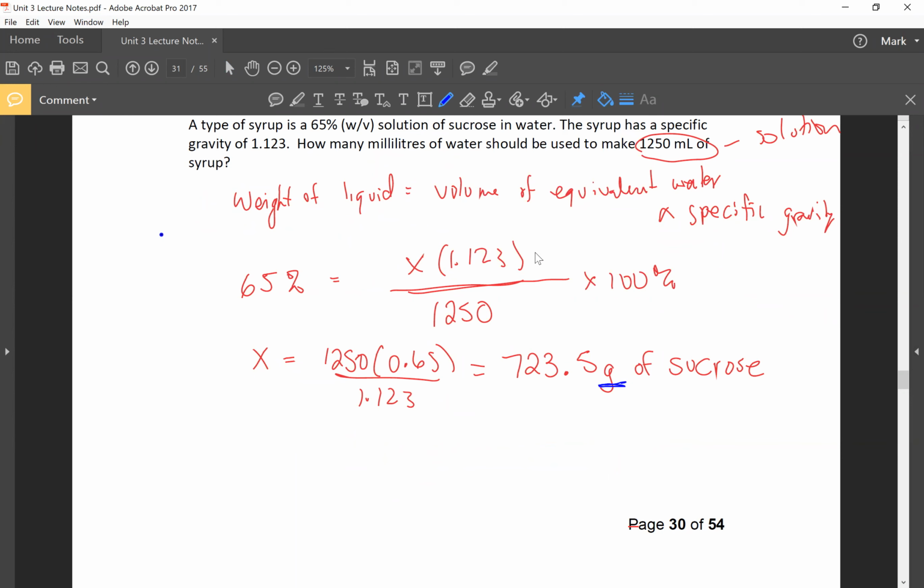So next, I need to figure out the volume of my liquid. The volume of my liquid is the volume of equal weight water over my specific gravity.